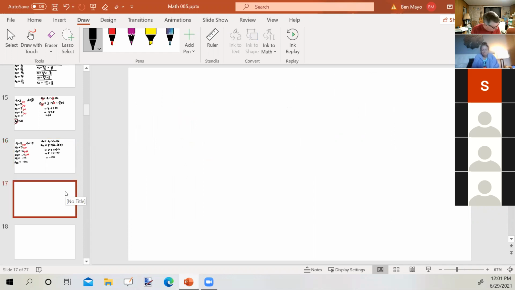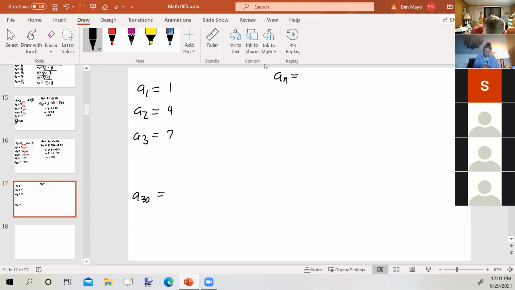This next problem says the first 3 terms of an arithmetic sequence are shown below. So a sub 1 is 1, a sub 2 is 4, and a sub 3 is 7. Find the specified term, and they want a sub 30. We know it's an arithmetic sequence because they told us that, so we're going to use a sub n equals a sub 1 plus n minus 1 times d.